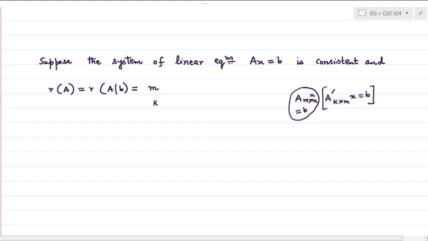By full rank we mean the number of rows or number of equations is identical to the rank of the matrix A and the rank of the augmented matrix. Here you might think, why have I not considered that the rank of A and the rank of the augmented matrix is equal to the number of variables?